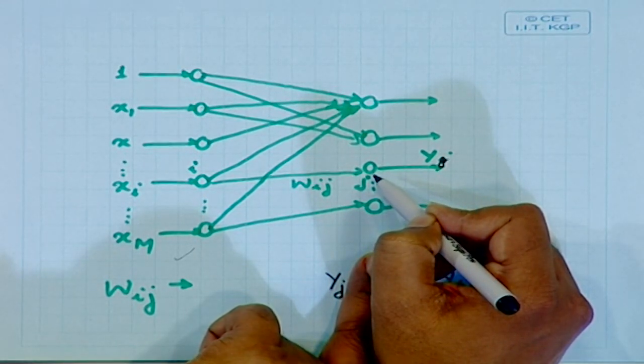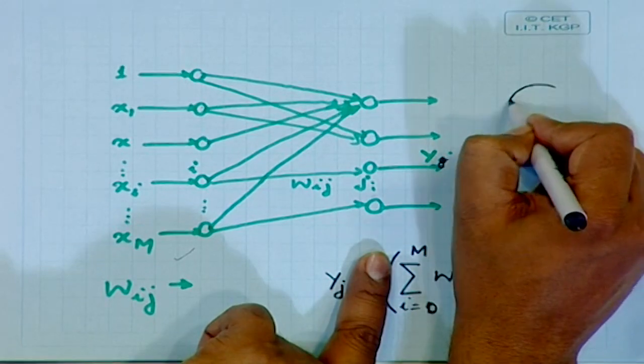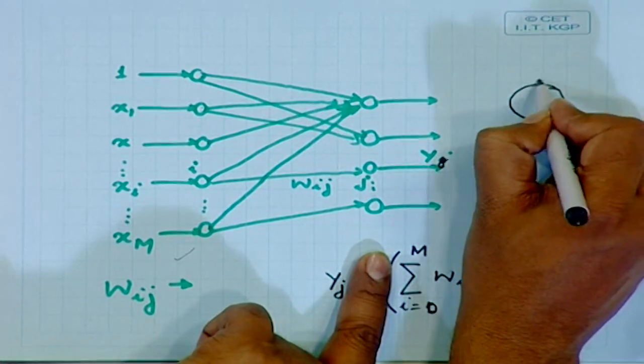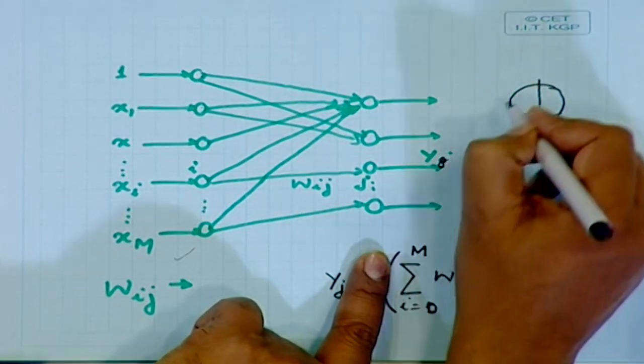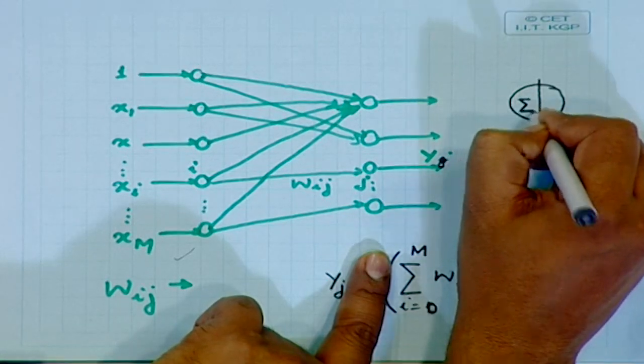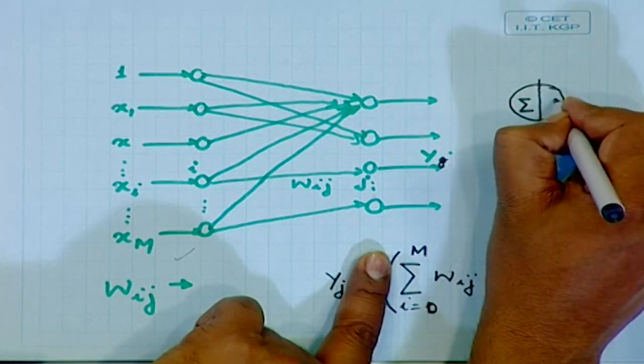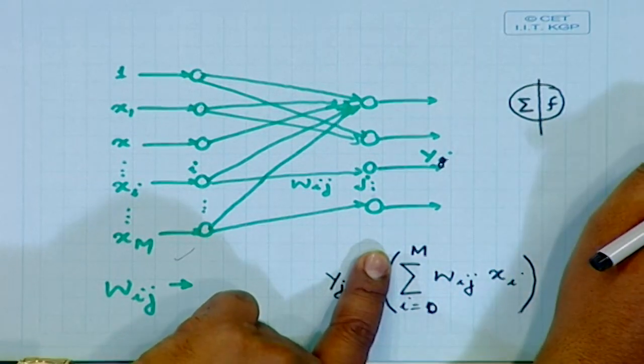Every output layer node I can break into two parts. One portion computes the summation and the other portion gives you the non-linearity, that is f.